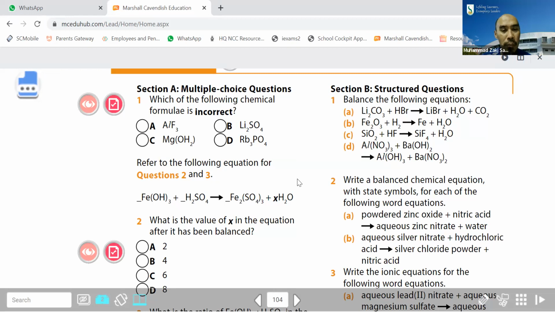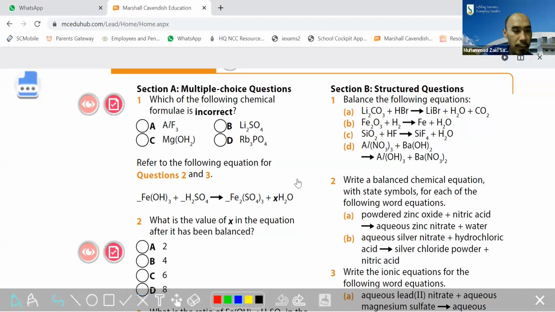I hope you have your files with you. So let's check which one is correct. Is it aluminum fluoride? Is A correct, or C, B, or D? How to find out?